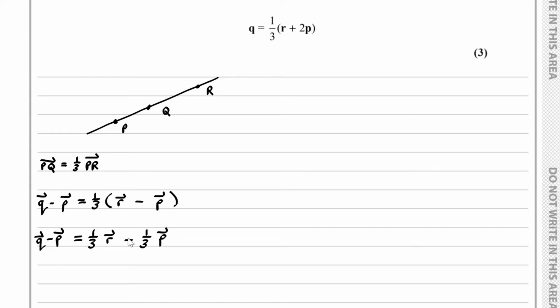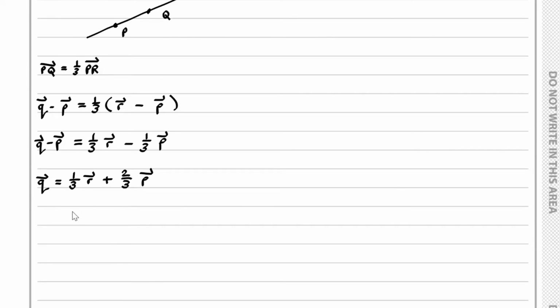And if I add p to both sides, we see here that q is equal to 1/3 r plus 2/3 p. And if I factorize out a 1/3, in conclusion, q is equal to 1/3 of r plus 2p.